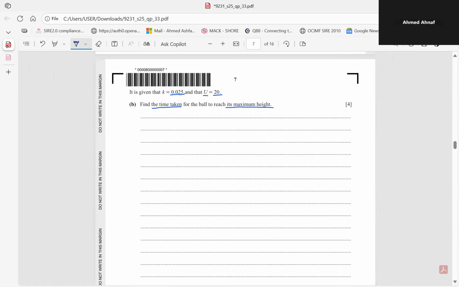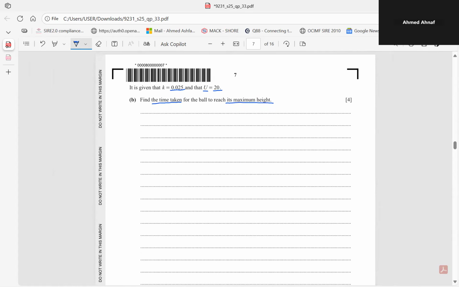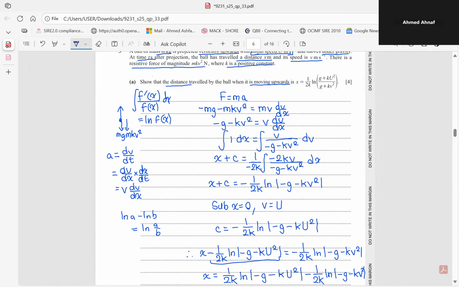Since we don't know what the ball's maximum height is, we're going to make use of the fact that when the ball reaches the maximum height, v is equal to 0. So for this question, we're going to have to express v in terms of t, right? So let's take our F equals ma.